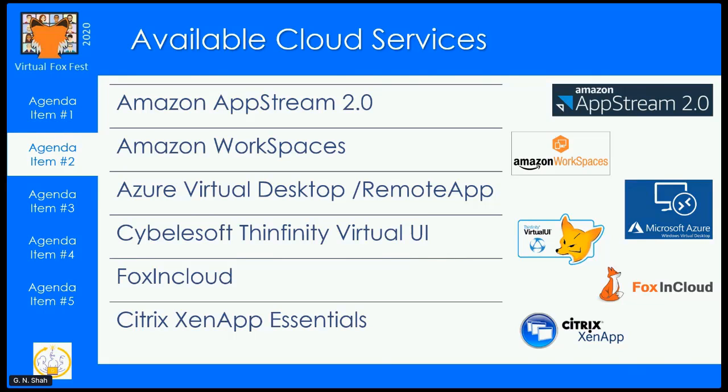Azure also offers a similar virtualized desktop service, and like Amazon's AppStream, they have Remote Apps. It's the same kind of concept: you can install and deploy your application, and you can publish it through the web browser.